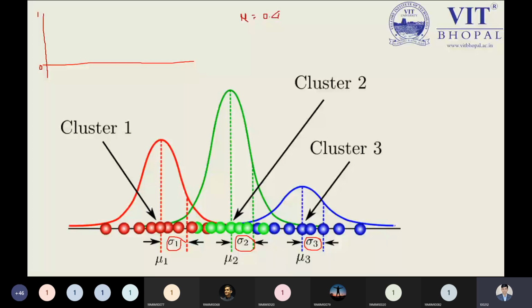So it could be around like this one. And the distribution of this data is plotted from minus 3 to plus 3.